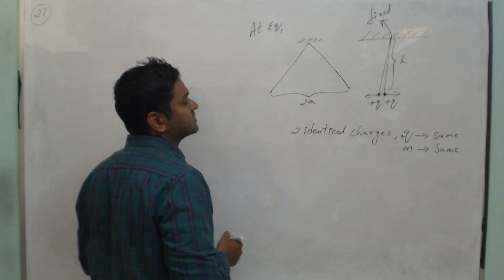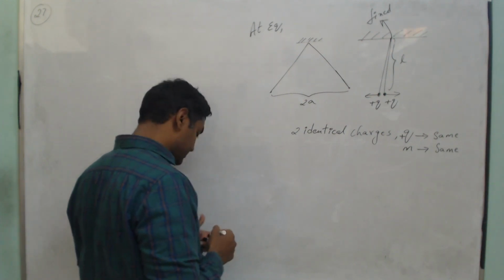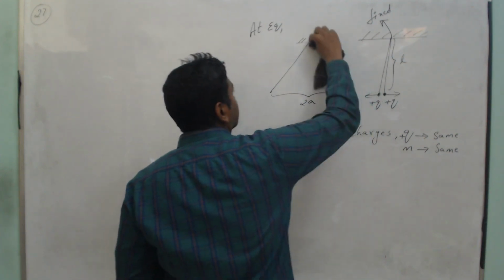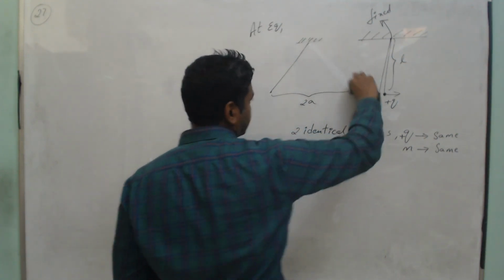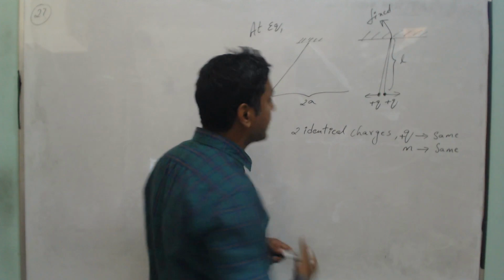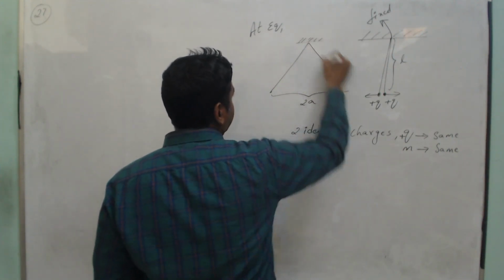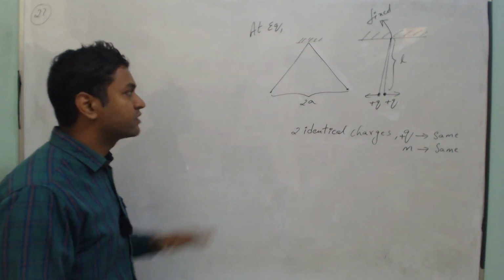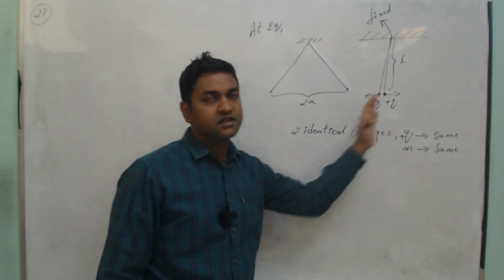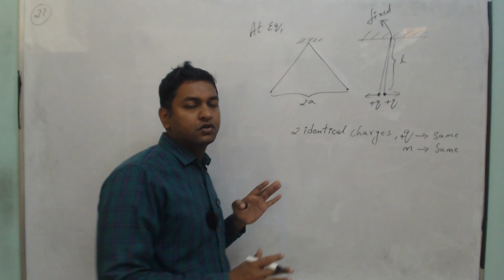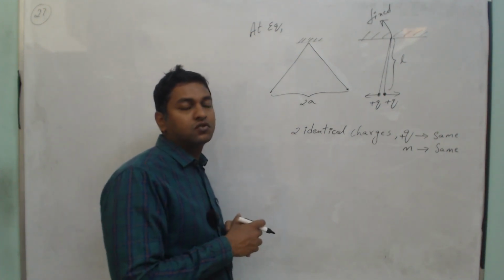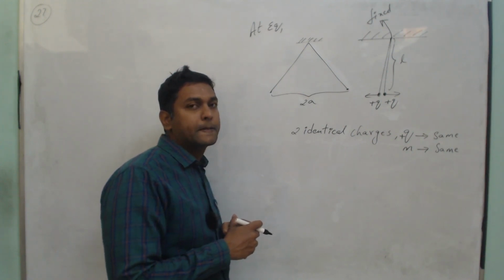And both the charges are at a distance of 2a from each other. The length of the string is going to remain the same, right? When I say equilibrium, what do we mean by equilibrium? That means this charge and this charge is basically right now at this position. The net force acting on them is zero. Is this clear?